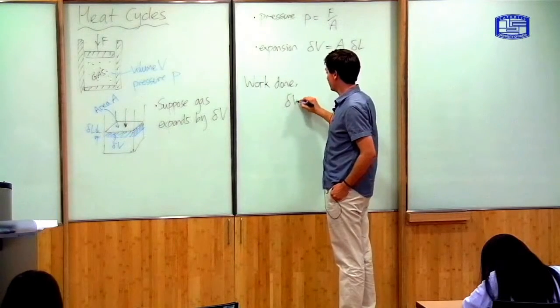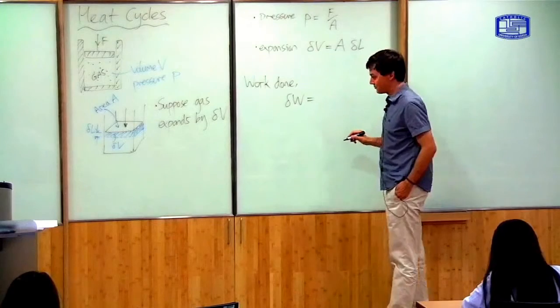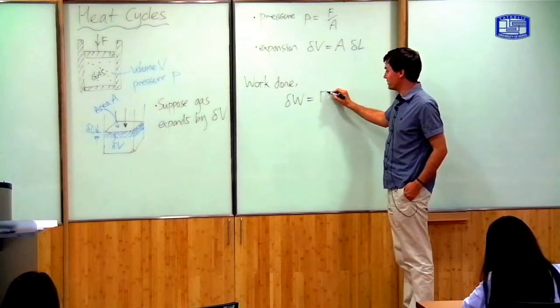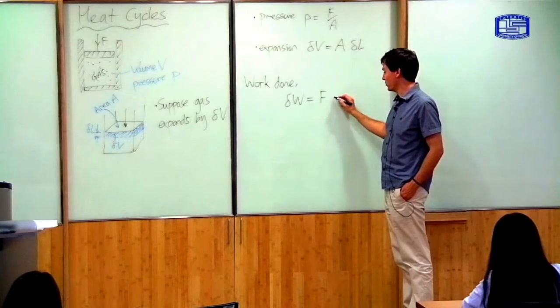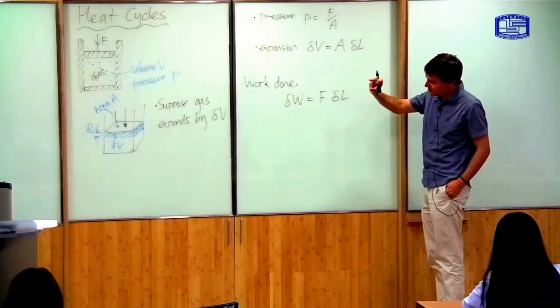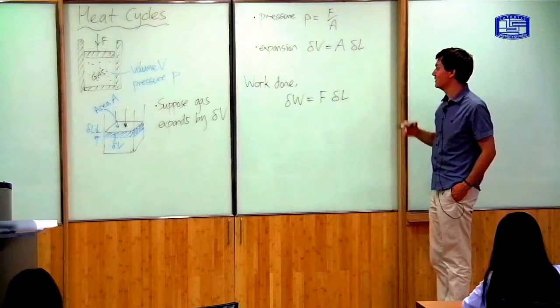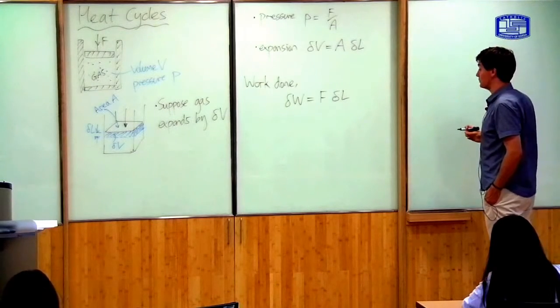So the change in work done by the gas, delta W, let's call it. Well, work done is defined as force times the distance moved, right? So by definition, this is force times the height by which the piston is increased. That's F delta L.